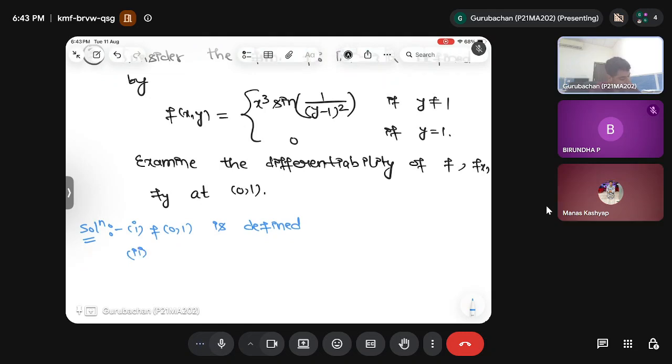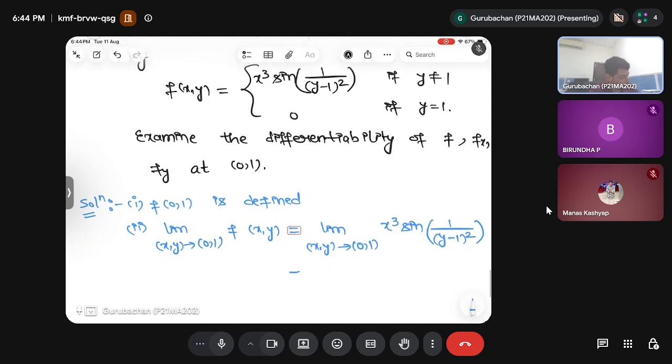Second thing is the limit as (x, y) tends to (0, 1) of f(x, y). What will be this limit? As (x, y) tends to (0, 1), x cube sine of 1 by (y minus 1) whole squared. This sine is a finite quantity between minus 1 and 1, and x cube is going to 0, so the output will be 0.